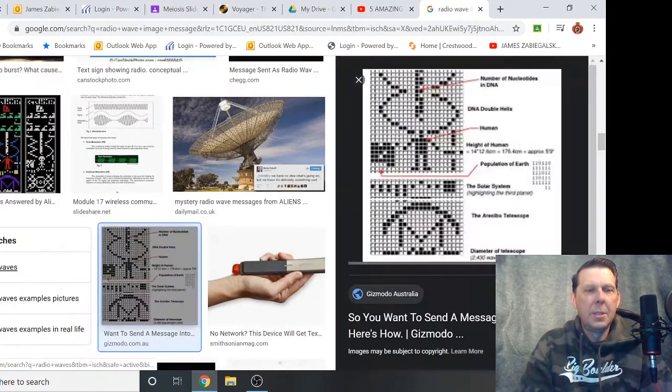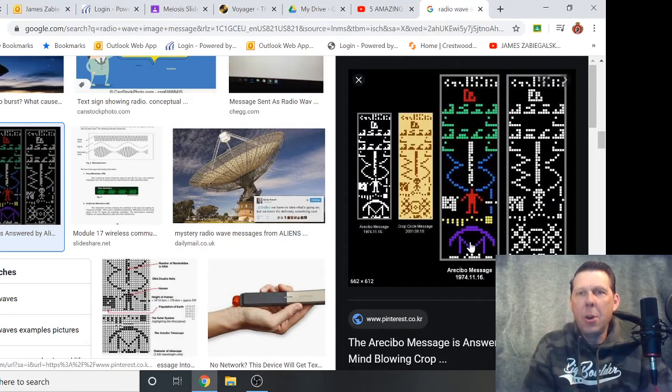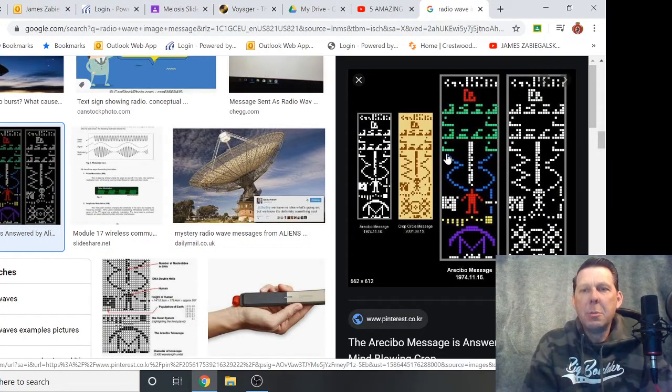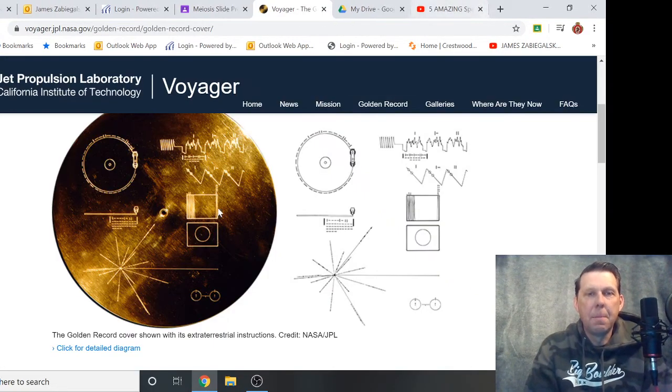So we sent this message out in the form of radio waves. And this is supposed to be our DNA. This is us. I think these are the basic chemicals for life. We sent this out in a radio wave in 1974 so that we can try to communicate, because radio waves will travel very far in space.